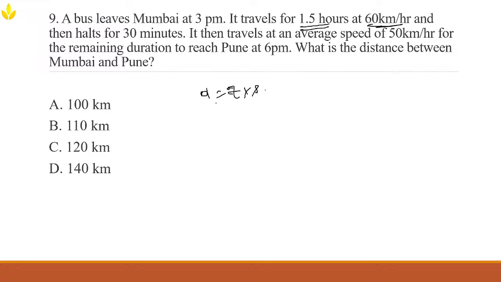So it travels a certain distance in 1.5 hours at 60 kilometers per hour, then halts for 30 minutes. So for 1.5 hours, we need to calculate how much distance it has covered. It travels at a speed of 60 kilometers per hour, so the distance will be equal to 90 kilometers.